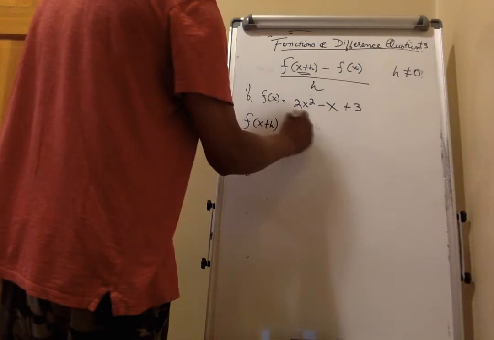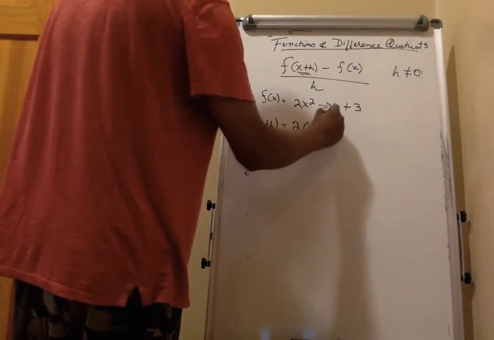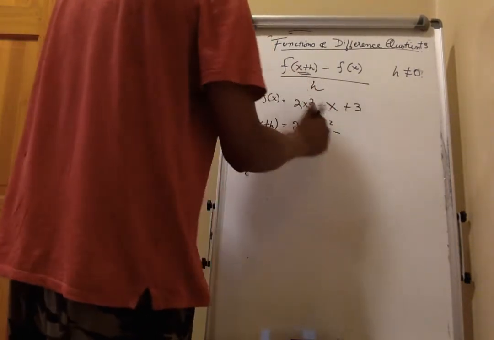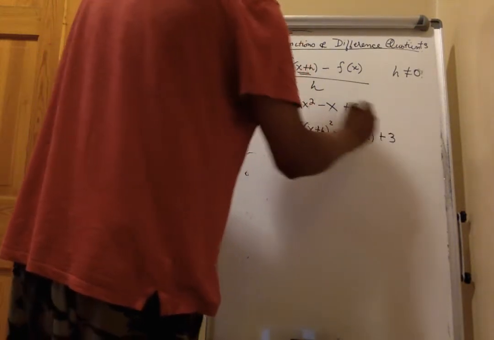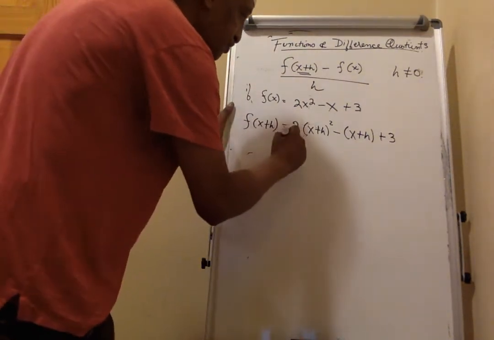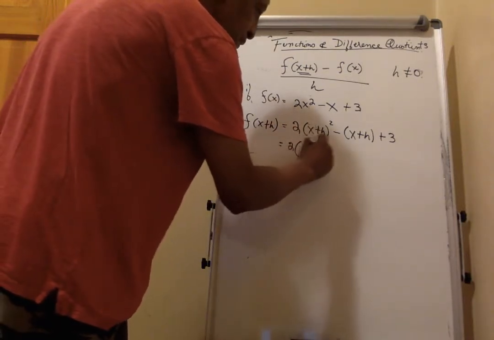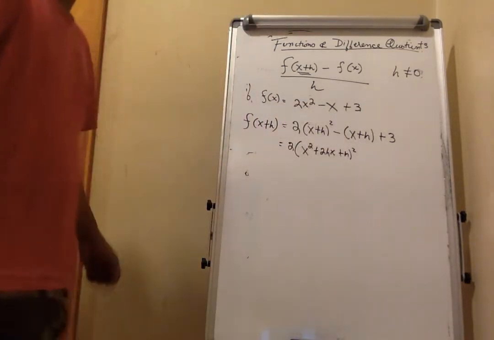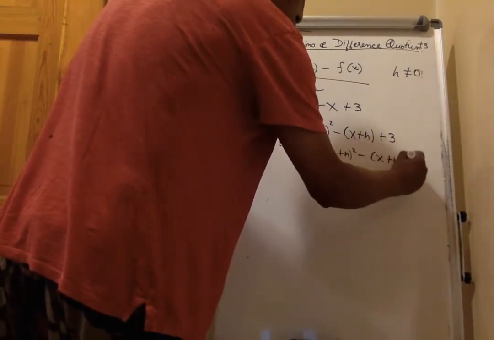You're going to do 2, instead of x, it becomes (x plus h) squared, minus, again, instead of x, you put x plus h, plus 3. And let's simplify this. Don't distribute 2 yet. Okay, expand this. This is x squared plus 2hx plus h squared. Then minus (x plus h) plus 3.